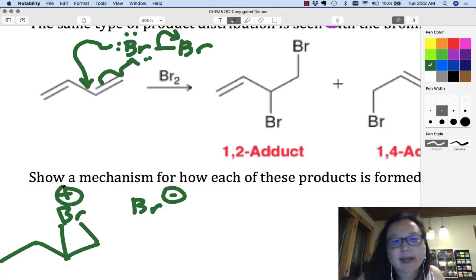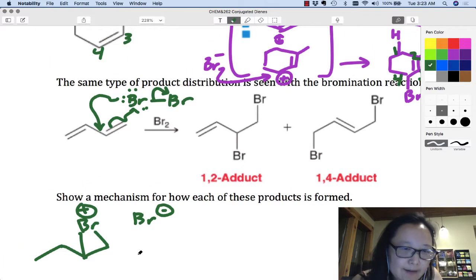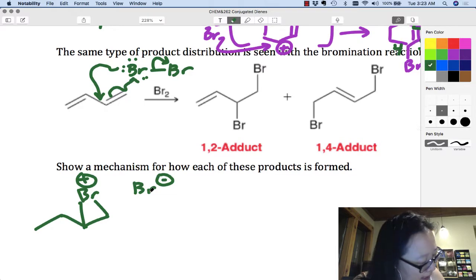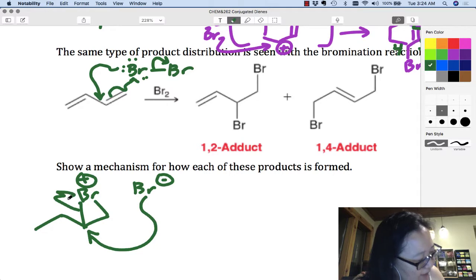So this is what we're going to have. So this makes a bond here, and it makes a bond back. So it makes this triangle. Now, we usually have bromide attack. This is Markovnikov addition. This is all driven by electronic factors. So the more stable carbocation-like transition state is where you attack here.